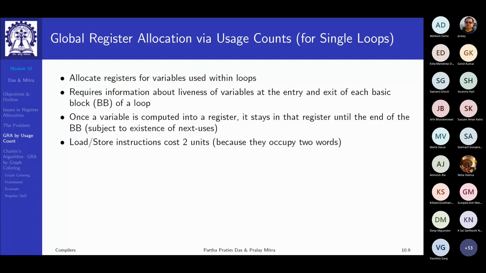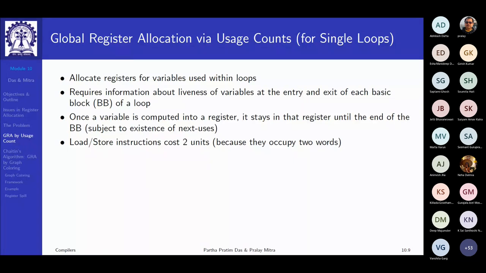This is a very common greedy heuristic, because you always try to focus more on the loops because you expect the loops to run multiple times, usually. Right? So anything that you optimize for the loop will give you better returns than anything which is on the fall through code. Naturally, you require information about liveness because you have to do it by the live ranges.